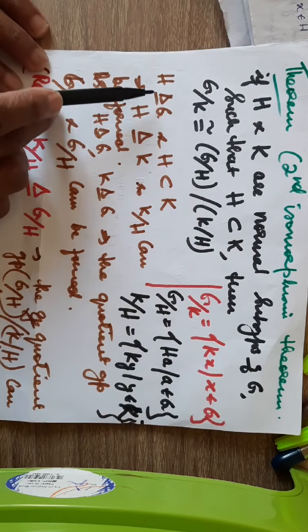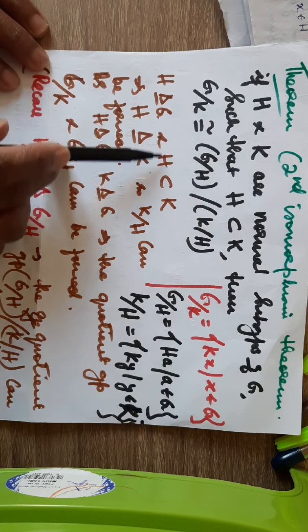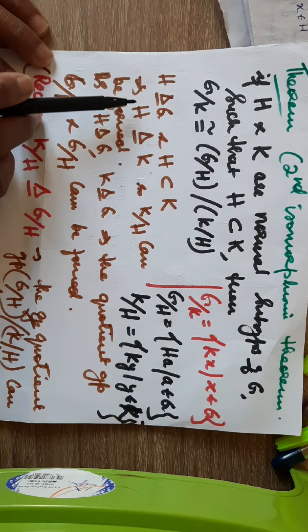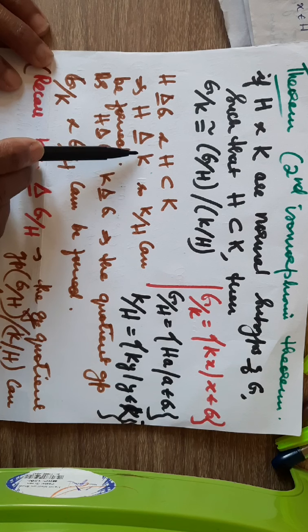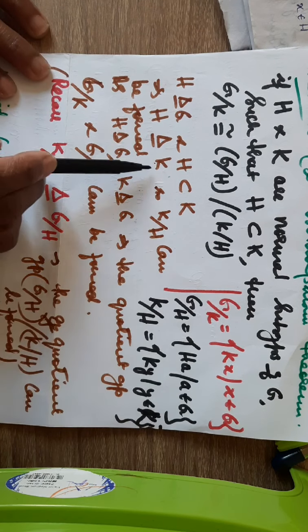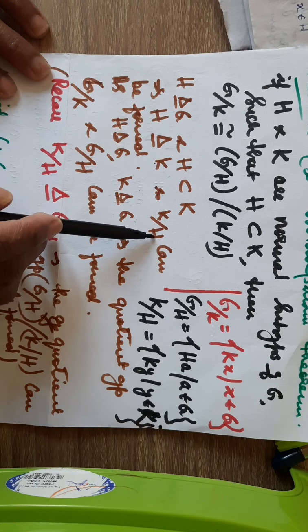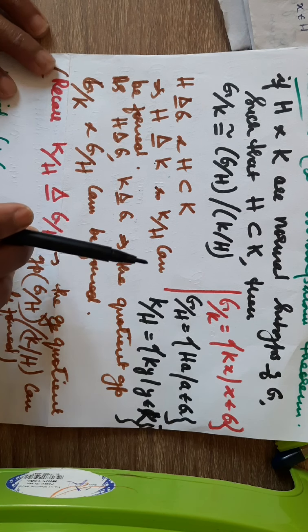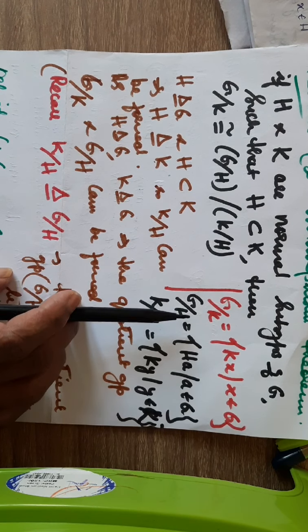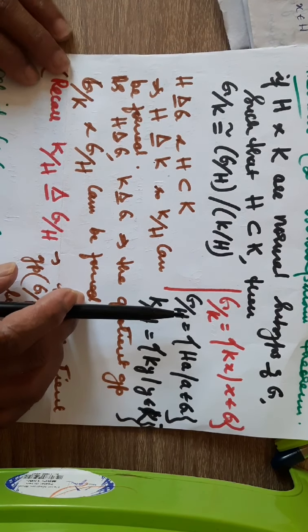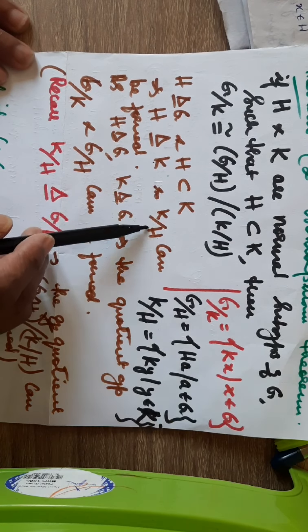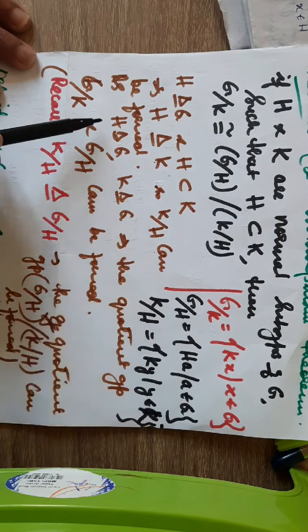But now let us see that, given H is a normal subgroup of G and H is a subset of K, by the previous theorem that I have already discussed with you, it implies that H also will be a normal subgroup of K. Therefore the quotient group K/H can be formed, because if you remember, the quotient group G/H can be formed if H is a normal subgroup of G. So here also, as H is normal in K, K/H can be formed.